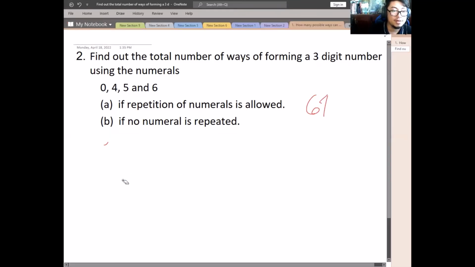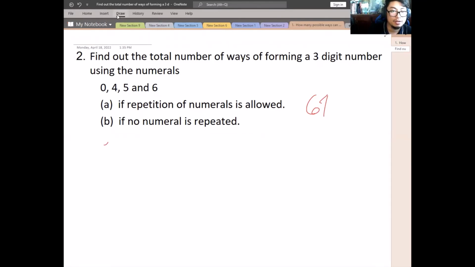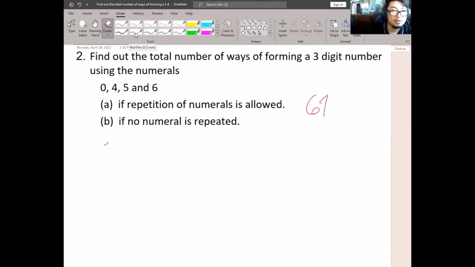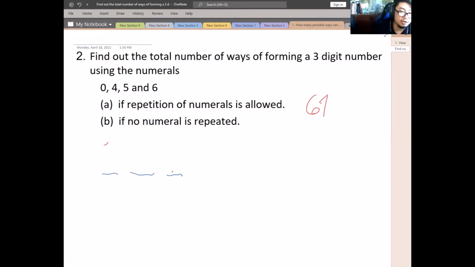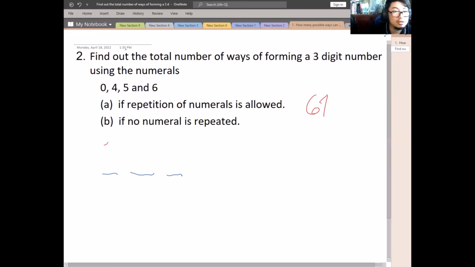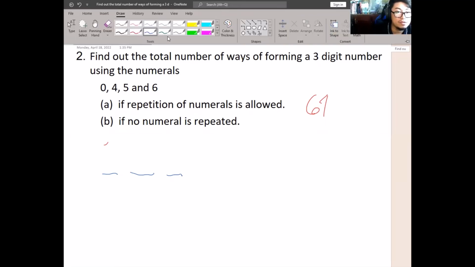Same procedure but different analysis for letter B. We will construct 3 digits, but the rule is no numeral is repeated, or repetition is not allowed. So in the first digit, we can choose from those.